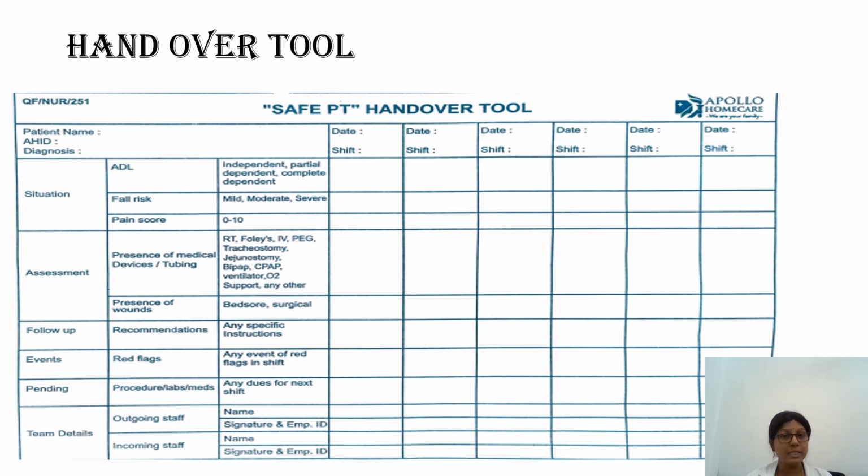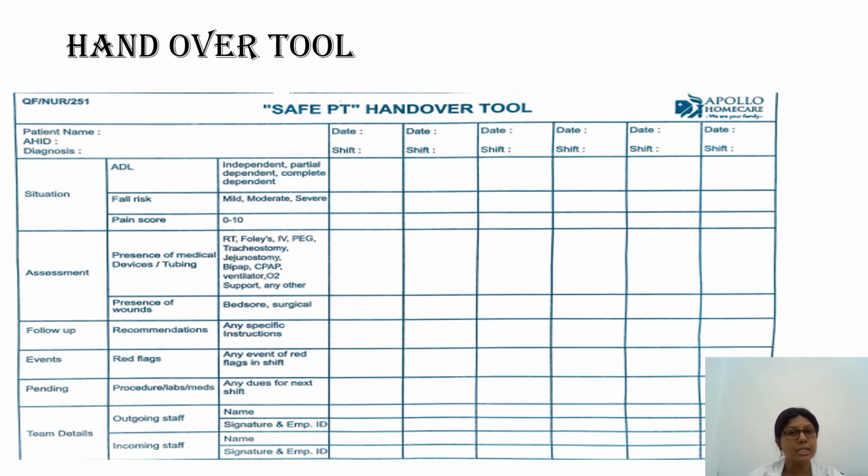SAFE PT means S is situation, A is assessment, F is follow up, E is events, P is pending, and T is team details. Situation means we have ADL, activity of daily living.